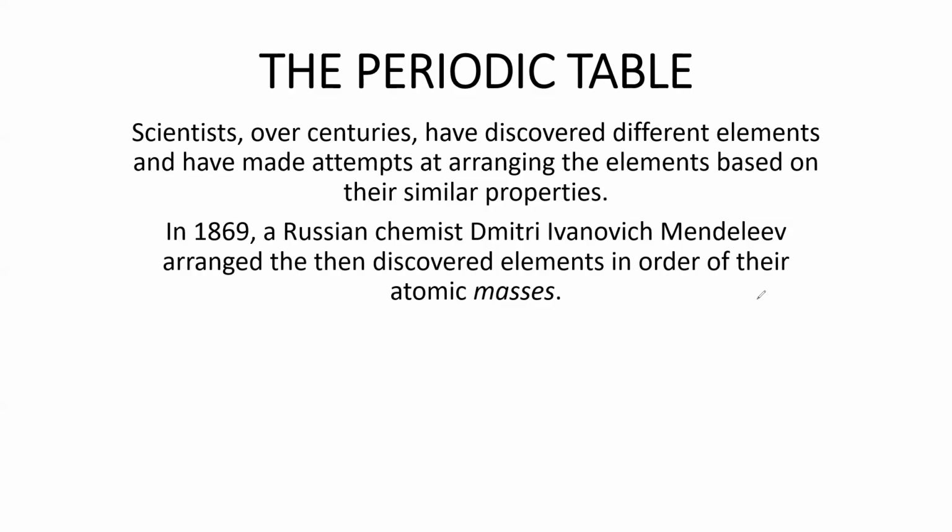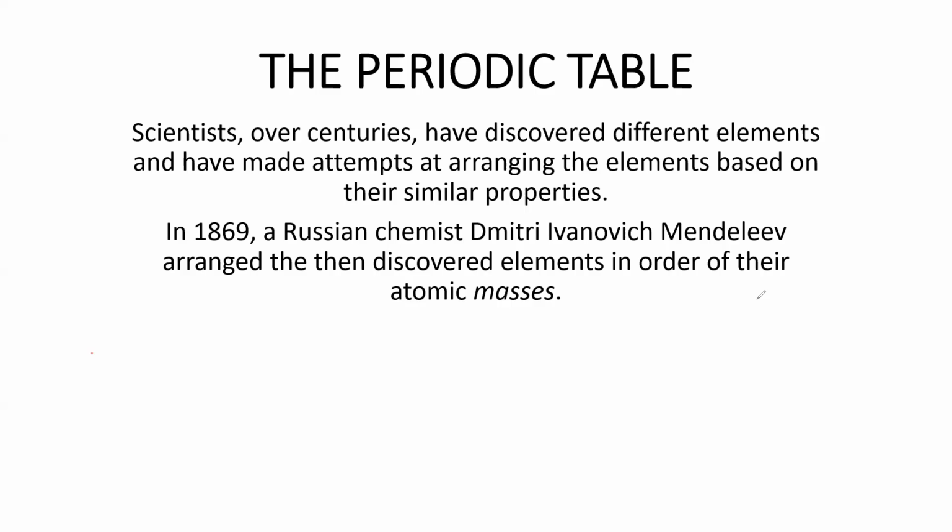Atomic mass is the total number of neutrons and protons, while atomic number is the total number of protons. Beautiful, that is absolutely correct. Atomic mass is the sum total of protons and neutrons in the nucleus of an atom, while atomic number is just the number of protons.